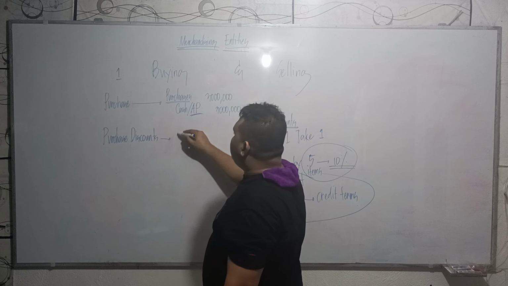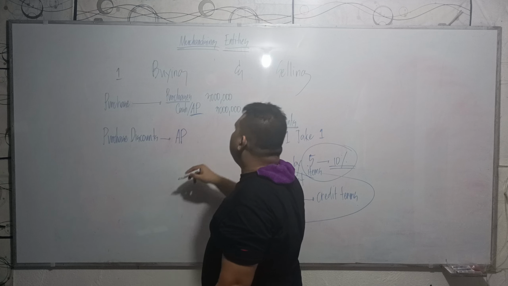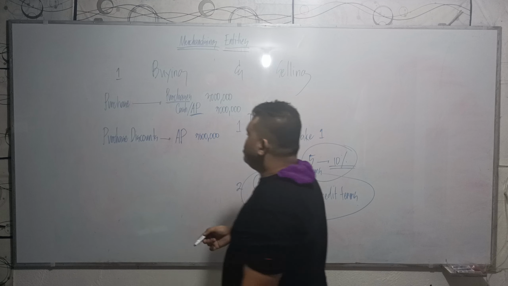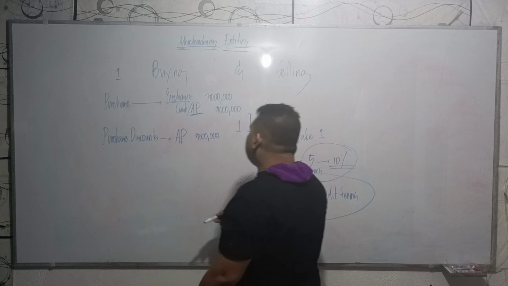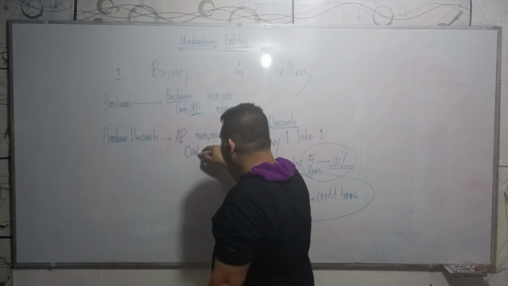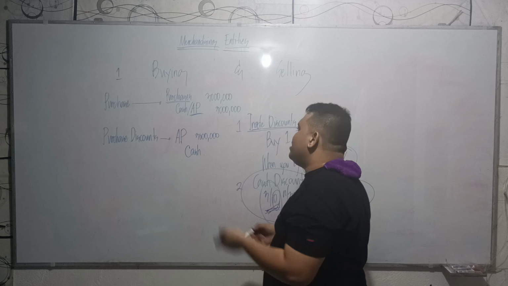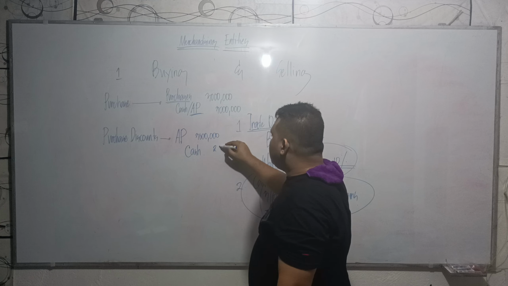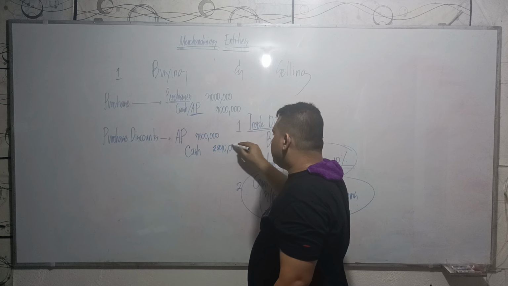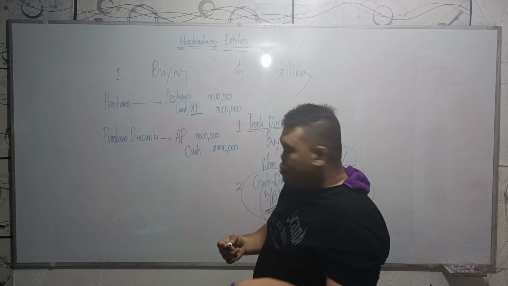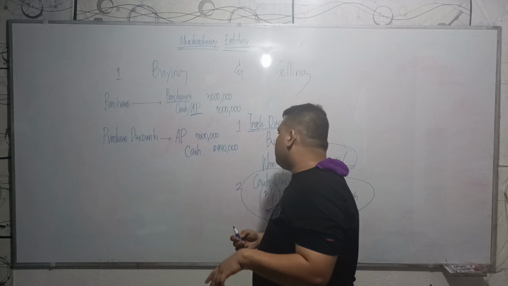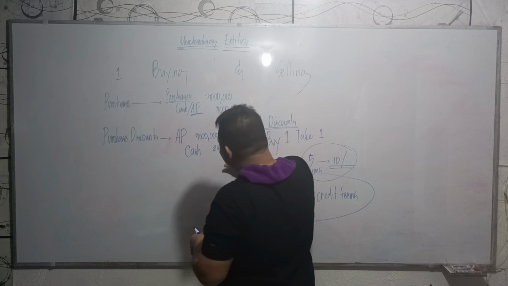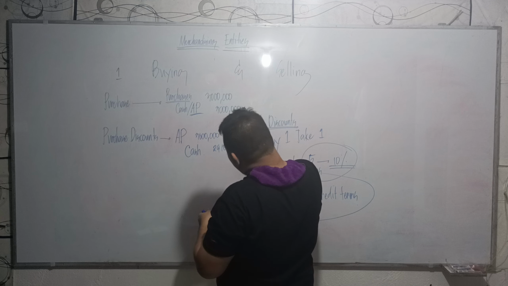Debit, of course, your accounts payable will be closed out, the whole 3 million. And then you're going to credit cash, but this time, the cash that you're going to pay is not 3 million. It's only 2,910,000. Okay?